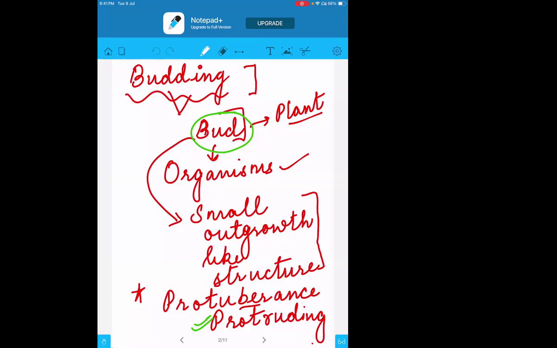Let them complete this also so that we can go to the last page as well. Done, ma'am.